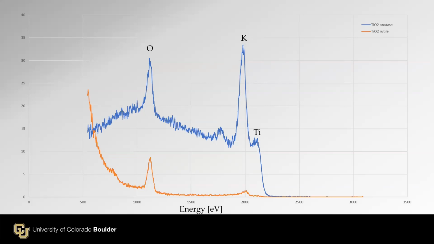This is the LEIS spectrum. Okay. So the anatase one is 99.8% TiO2 guaranteed, and the trace metal should be less than 2500 ppm.